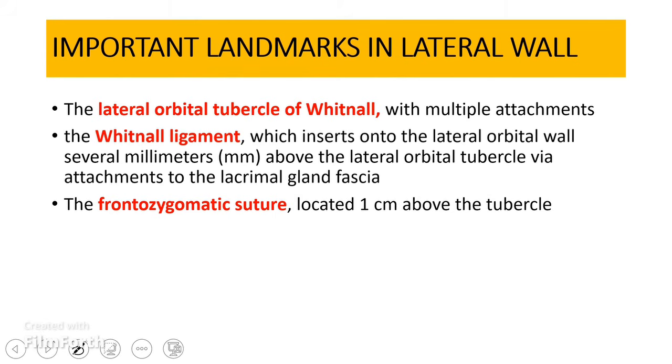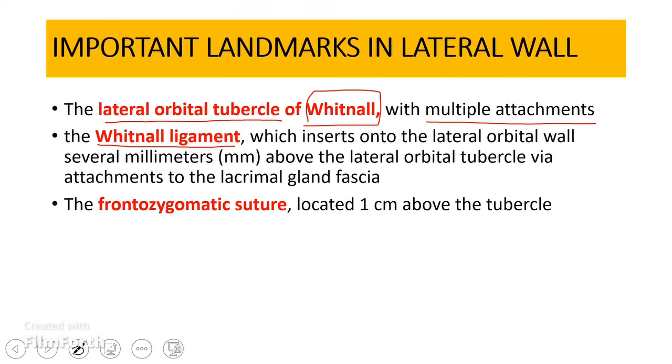Now, what are the various important landmarks or points present in the lateral wall? The most important landmark in the lateral wall is the lateral orbital tubercle of Whitnall, and this Whitnall tubercle has multiple attachments, which I shall be discussing soon. Another important thing is the Whitnall ligament.